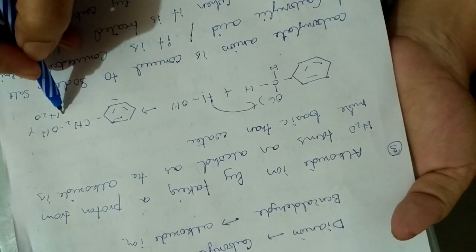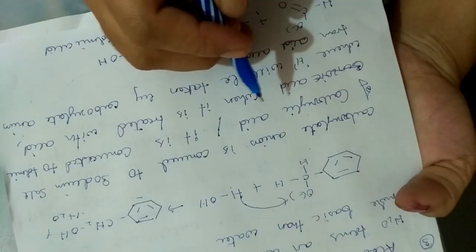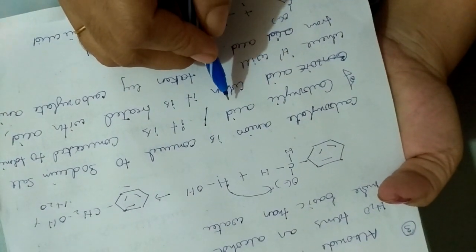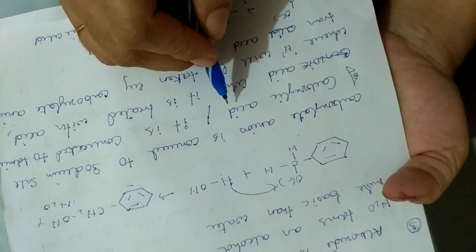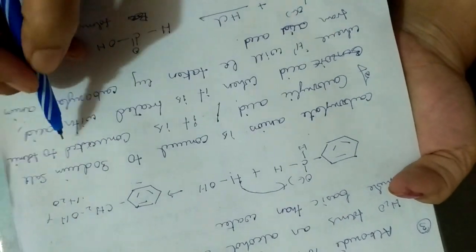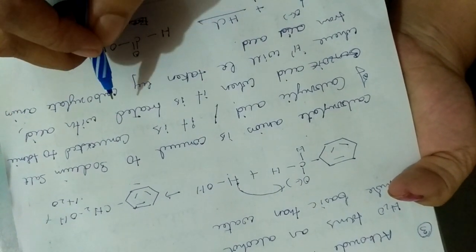In the case of the carboxylate ion, last class I told you that the carboxylate ion will take up the sodium and form a sodium salt of carboxylic acid, or it will be converted into a carboxylic acid when it is treated with acid.